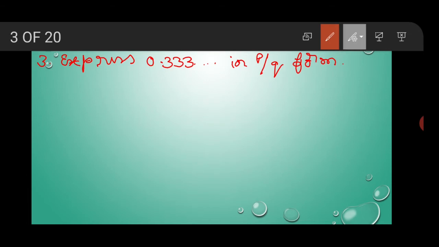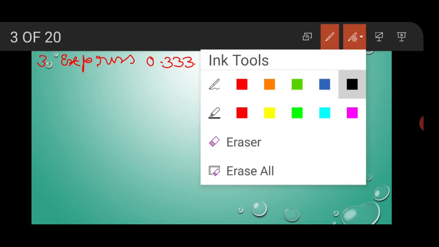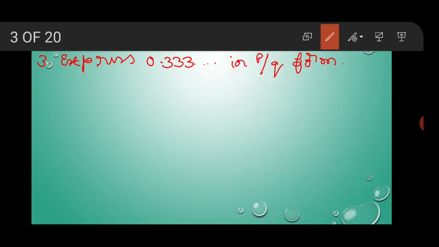What type of decimal expansion is this? 0.333 on and on is terminating or repeating? Yes, it is a repeating decimal expansion. So in this type of decimal expansion, the method is different.